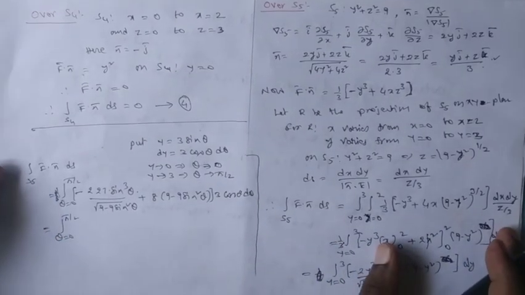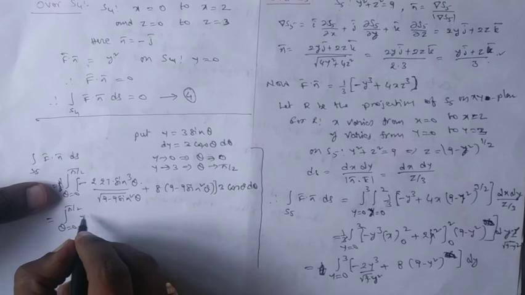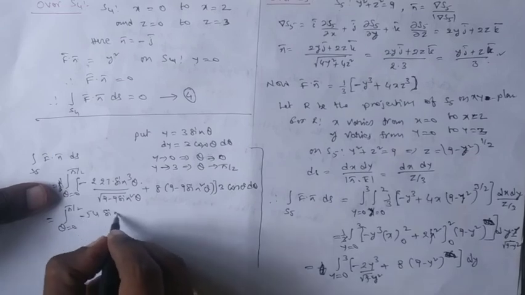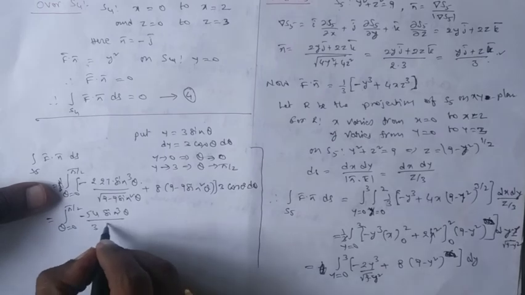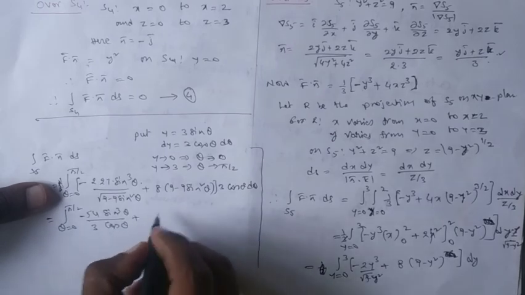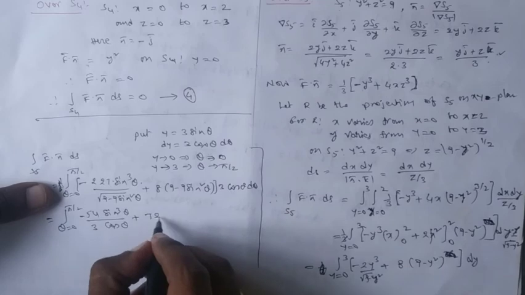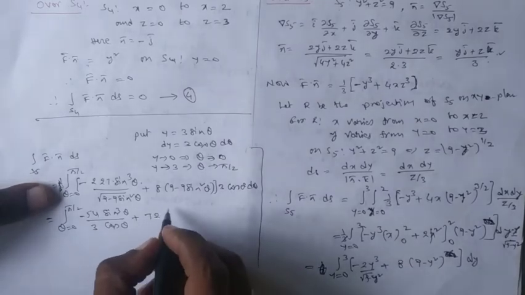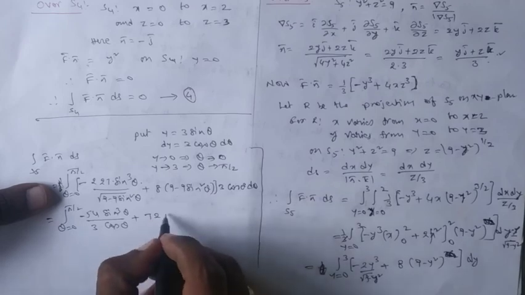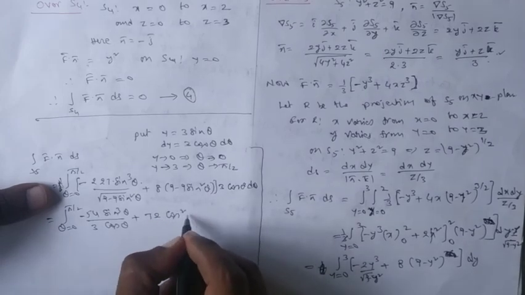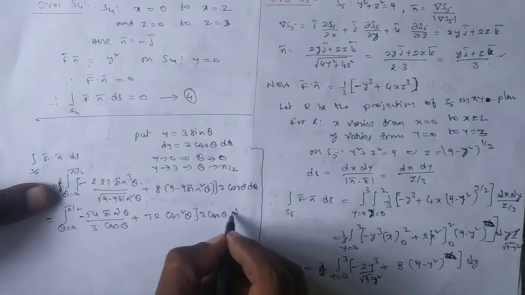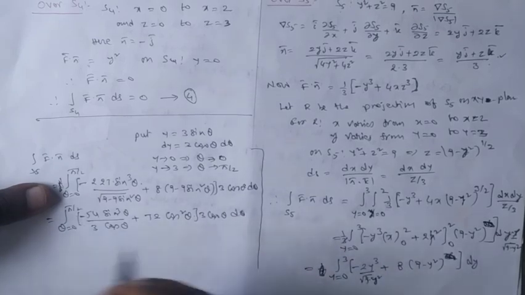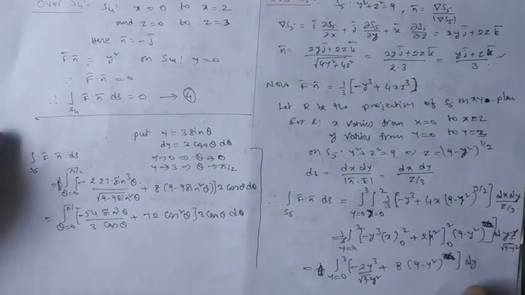We know 9 is taken as common, so it is minus 54 sin cube theta by 3 cos theta plus, if you are simplifying, 72 cos square theta, whole into 3 cos theta d theta. Am I right?